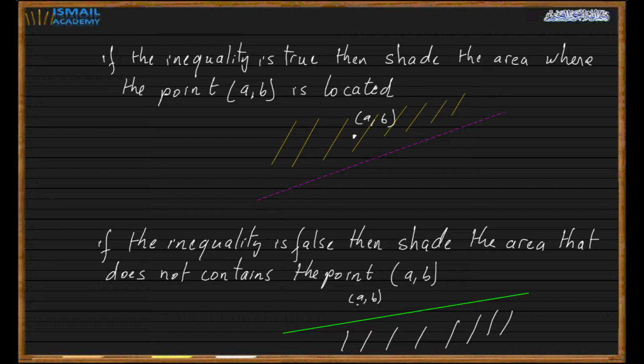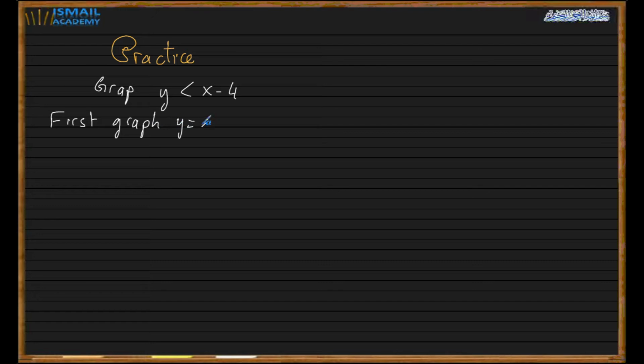Now let's do an example to practice what we learned. Let's graph, for example, y is less than x minus 4. Like I said, first graph y equal x minus 4.